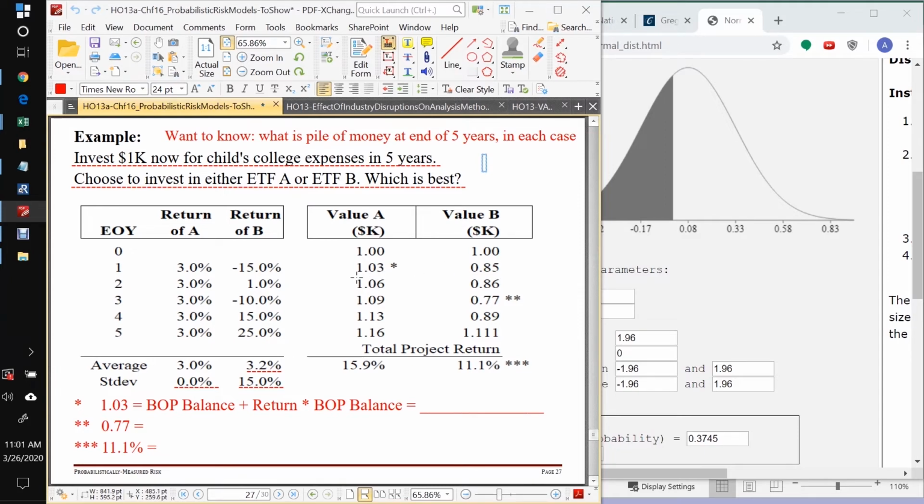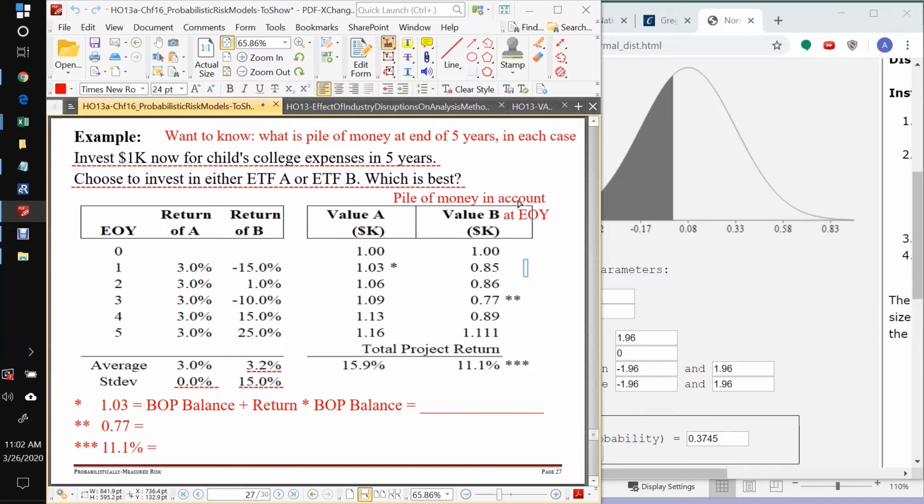And then at the end of 1 year, this grows to 1.03K dollars, and this one, because the return here was minus 15%, declines to $0.85K. And we keep doing that every year, okay? So this is measuring the total pile of money in the account.